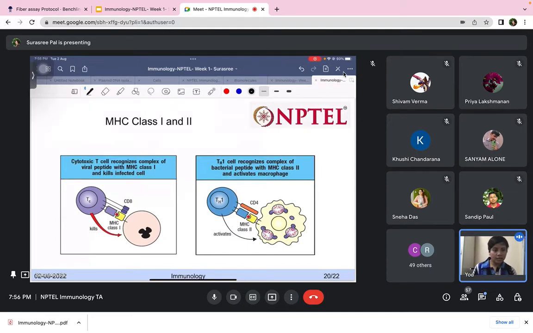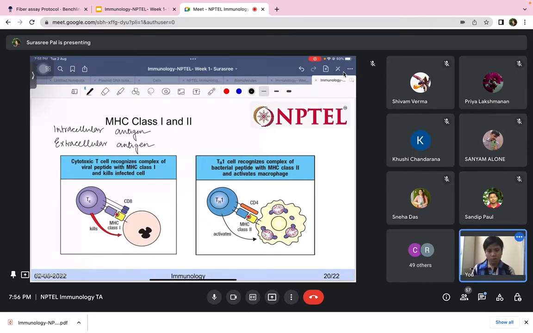So what are these different types of antigens? Suppose one is intracellular, another is extracellular. These are intracellular antigen and extracellular antigen, right?